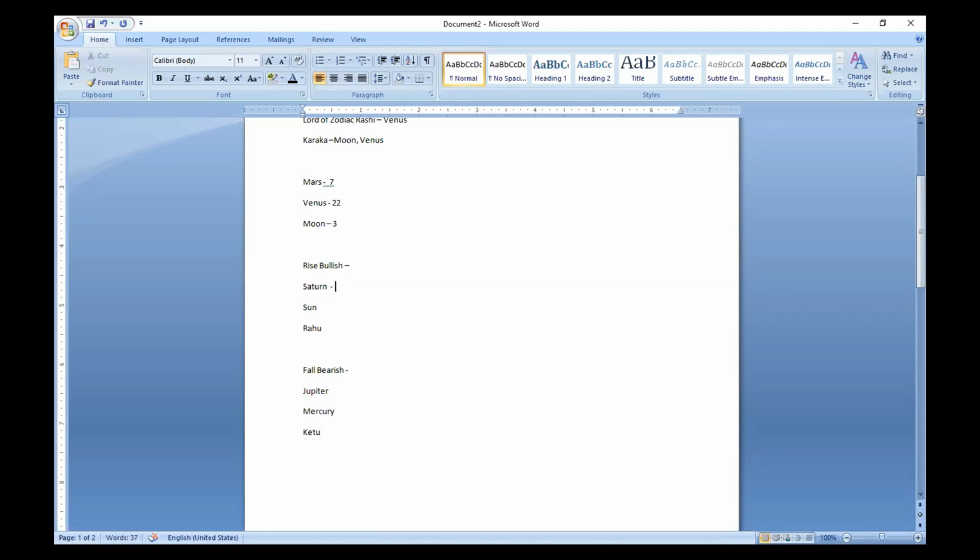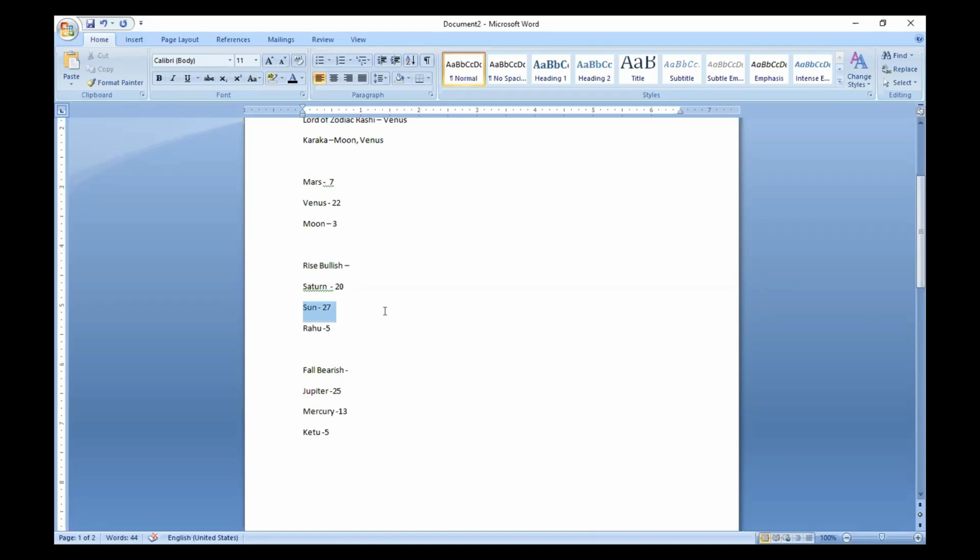Saturn 20 degrees, Sun 27, Rahu 5 degrees, Jupiter 25, Mercury 13, Ketu 5.